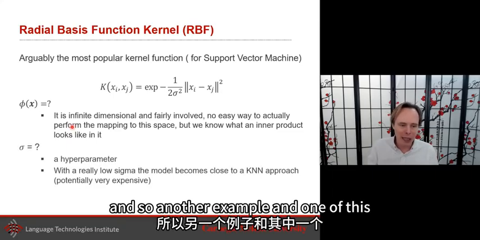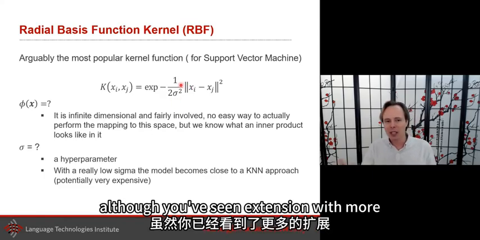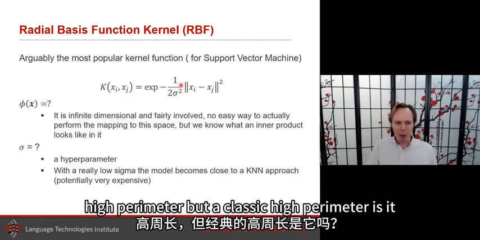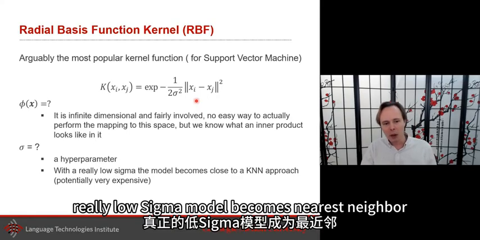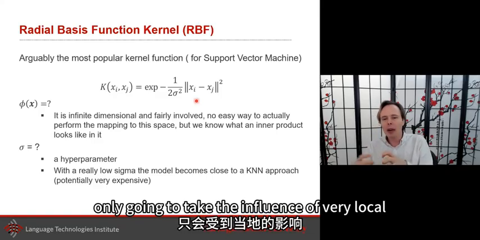And so, another example: a classic hyperparameter of this, although you see extensions with more hyperparameters, is sigma. With a really low sigma, the model becomes nearest neighbor, because at that point you're only taking the influence of the very local.